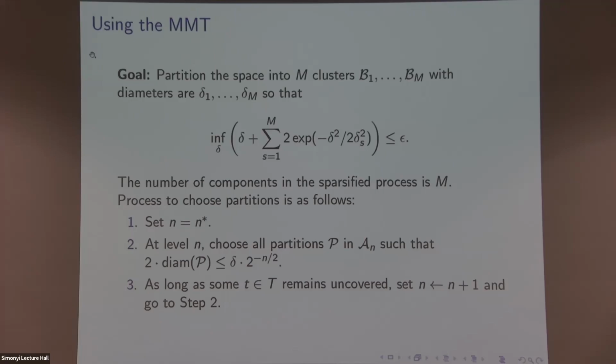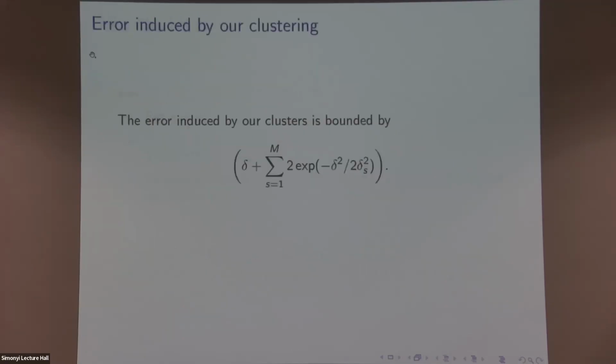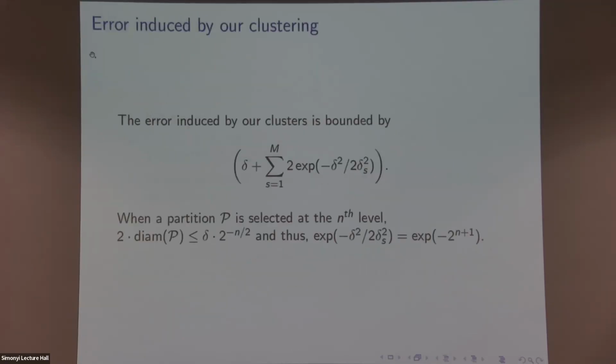The guarantee of the majorizing measure theorem tells us that this process cannot go on forever; it stops in order 1 over delta steps. And the error bound shows that the total error you create is small. This error bound for m different clusters is nothing more than a union bound, really a cleverly written union bound.